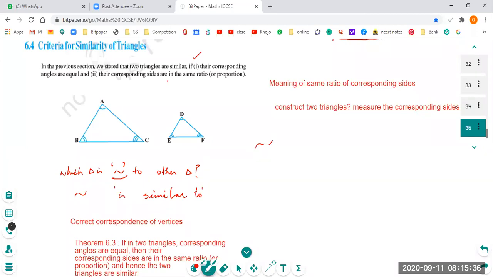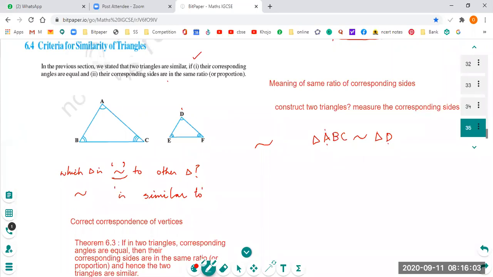So I will say that triangle ABC is similar to triangle... A is corresponding to D. A is in first place, so its corresponding angle D should also be in first place.